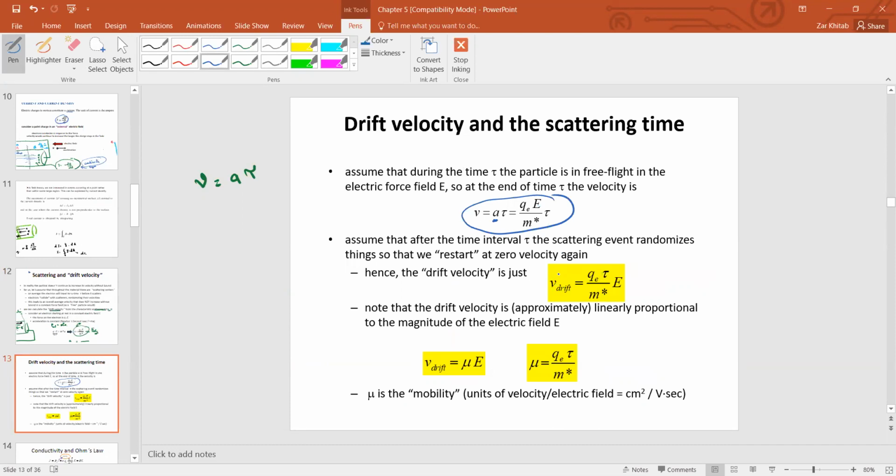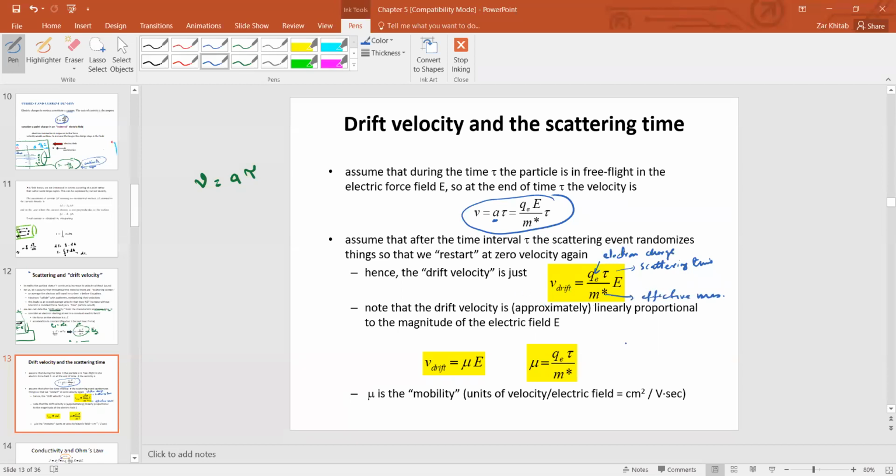Drift velocity involves the electron charge, because it's only the electron which is moving in the conductor, the scattering time, and the effective mass. It's the drift velocity which constitutes the current I.